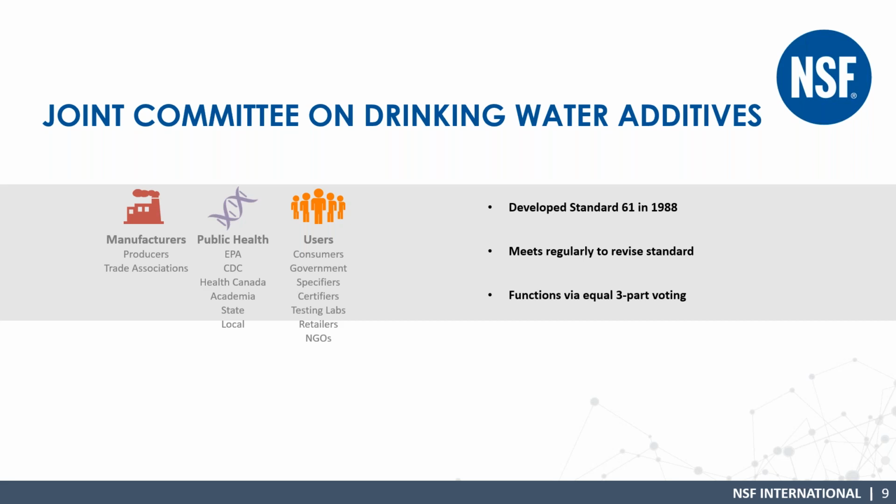So there's equal representation between manufacturers, which would include producers and trade associations, public health officials, including representatives from the US EPA, the Centers for Disease Control, Health Canada, academia, and state and local governments, as well as users, which could be anything from consumers to government officials to specifiers, certifiers, and testing labs like NSF, as well as retailers and non-governmental organizations. So each of these different user groups has equal representation on the Joint Committee to ensure that no one group has an overly large influence on the standard.